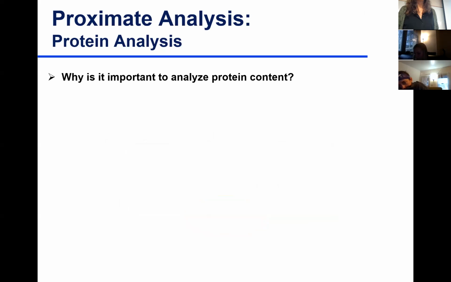Okay. Why is it important to analyze protein content? Like a question we ask for anything, for ash, for fat, moisture. Why is it important to analyze protein content? Yes, Al? Nutrition label, of course. We have to analyze for nutrition labeling. That is one reason, Michelle.